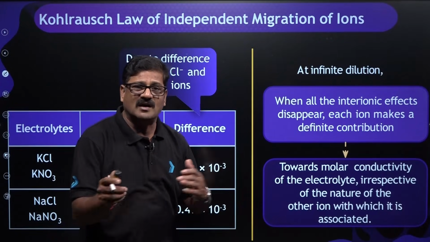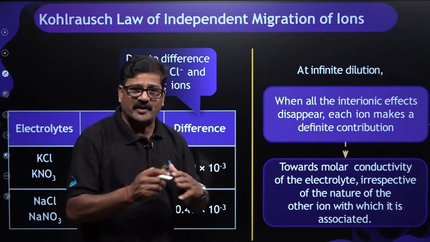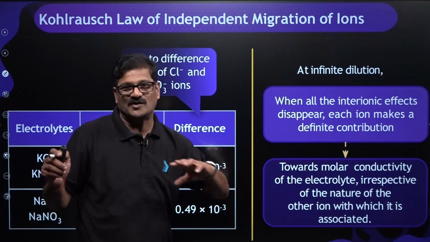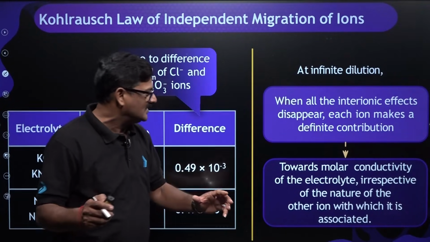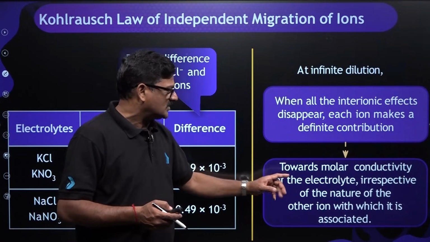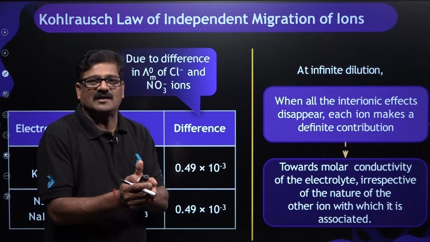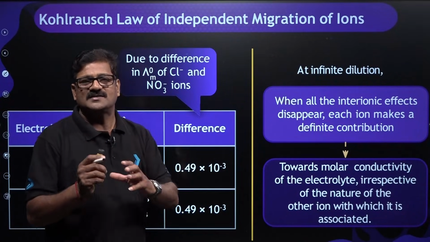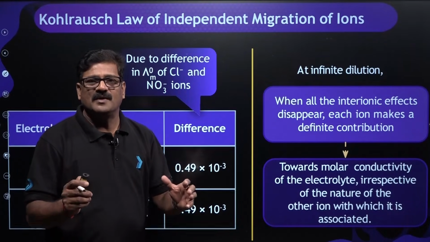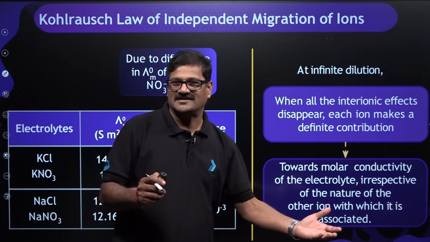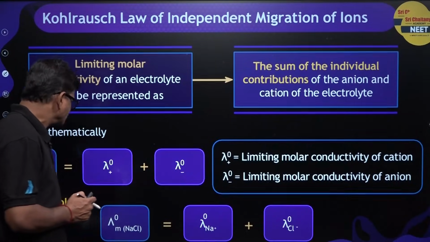Because the ions are separated at infinite distance apart. There is no attraction force and no repulsion force among the ions, and they each contribute towards molar conductivity. So the sum of the ionic mobilities is equal to the total molar conductance, that I want to show you here.